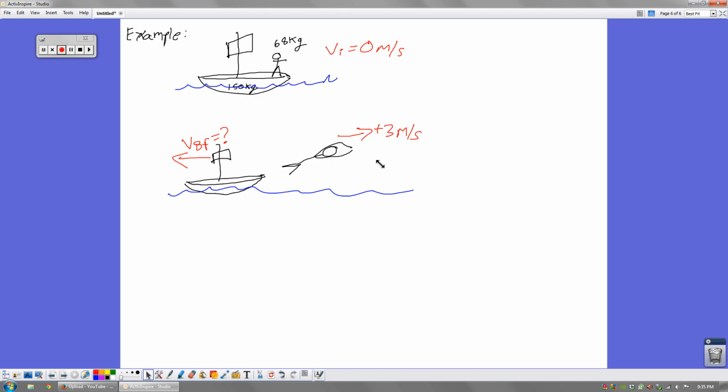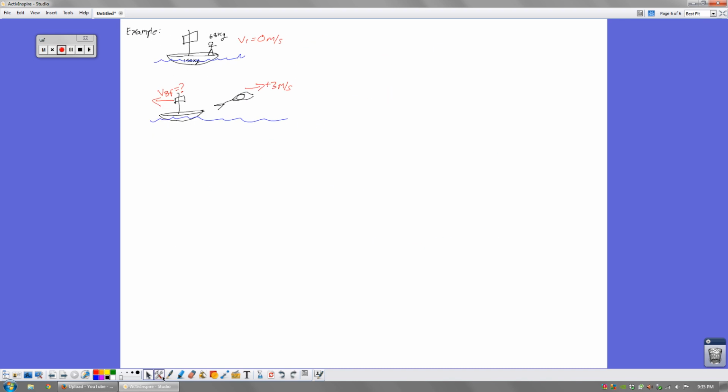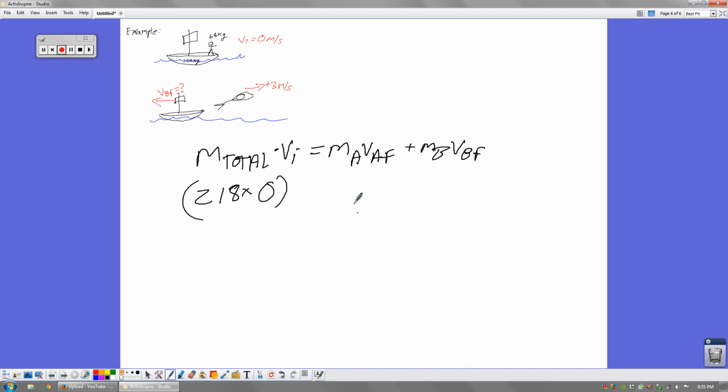Alright, well, let's mathify this. M total times V initial has to equal MA VAF plus MB VBF, where the total mass is 218 kilograms and the initial velocity is 0.